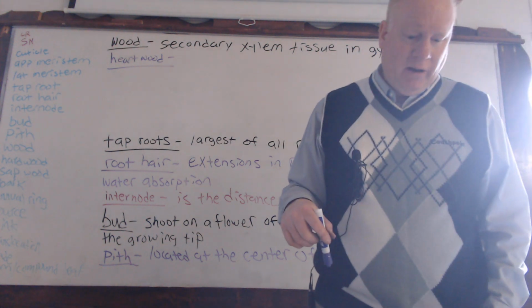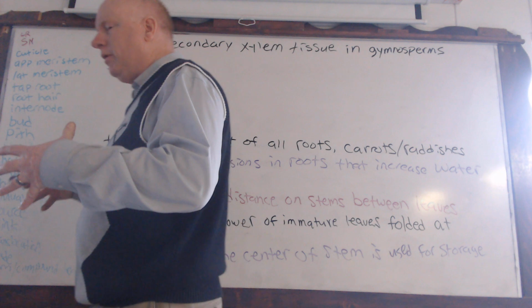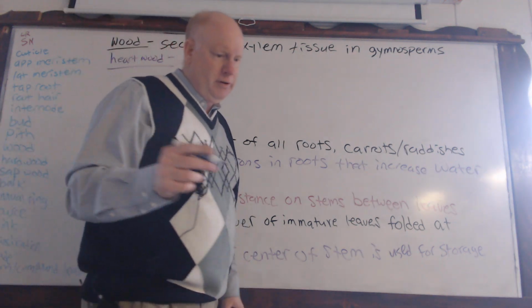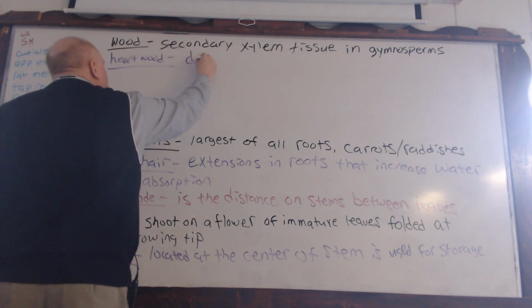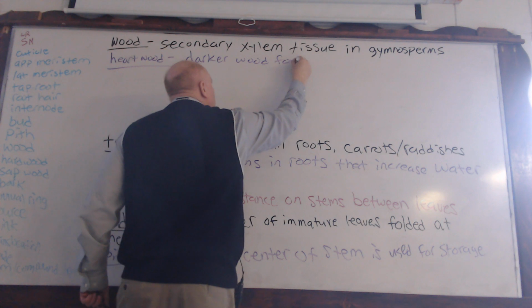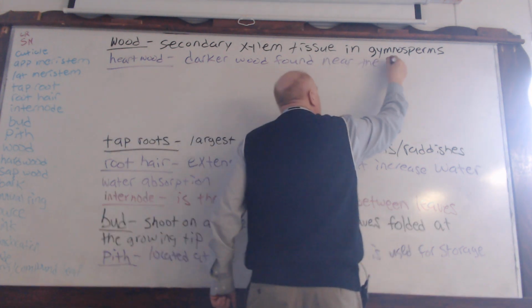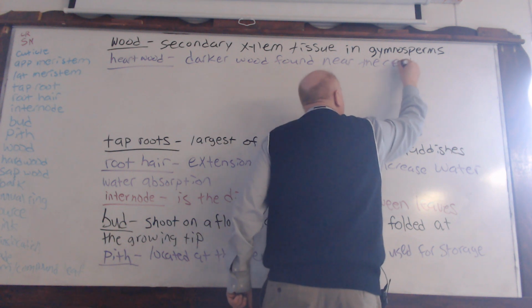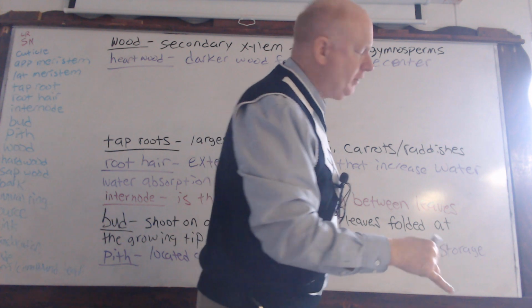Heartwood, okay. Do you think it's found on the outside of the stem of the tree or closer towards the middle? Towards the middle. Found near the center of the tree.